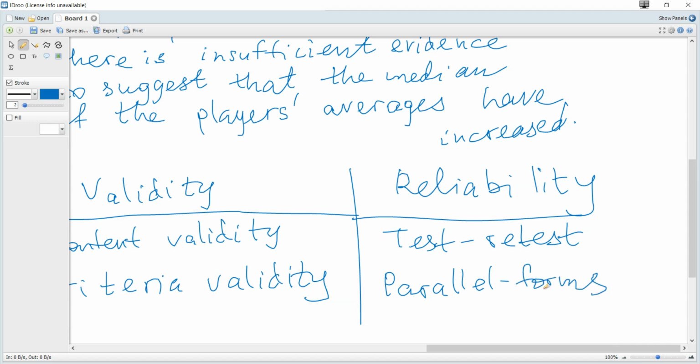So test-retest: repeat the same process with the same sample at a later time. And parallel forms: it's a second set of questions, definitely of similar difficulty and same content.